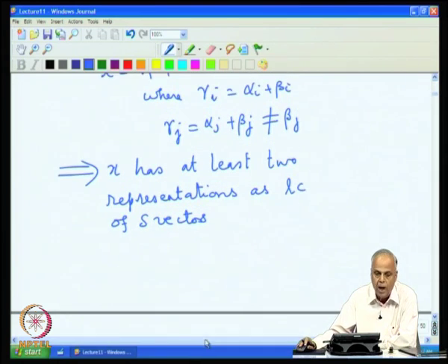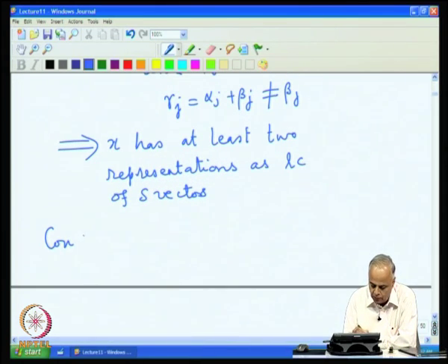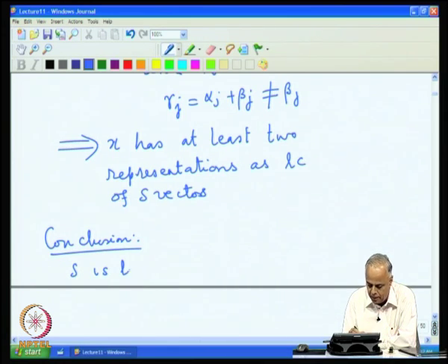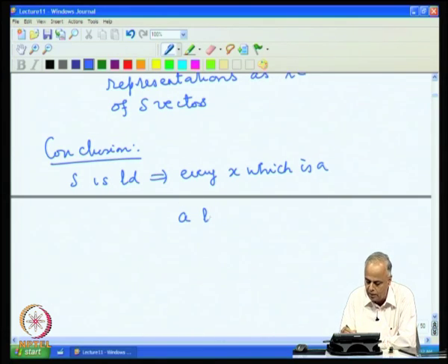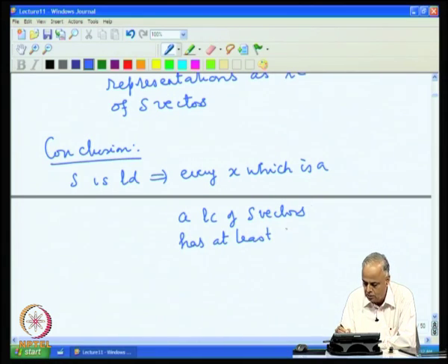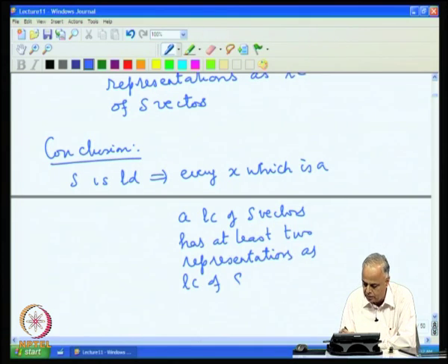Thus, whenever we have S linearly dependent, what is the conclusion? Every x which is a linear combination of S vectors has at least two representations as a linear combination of S vectors.